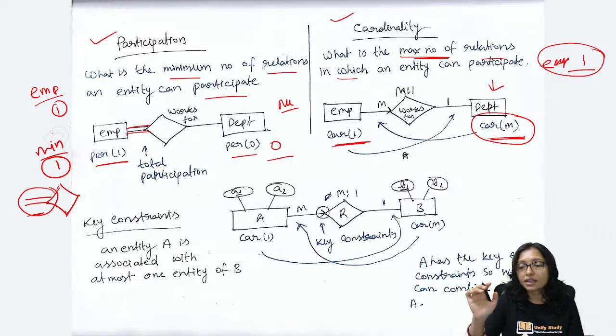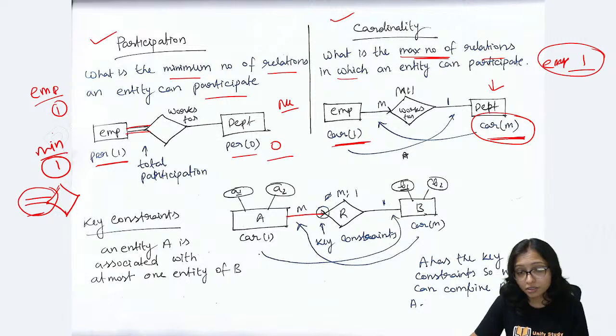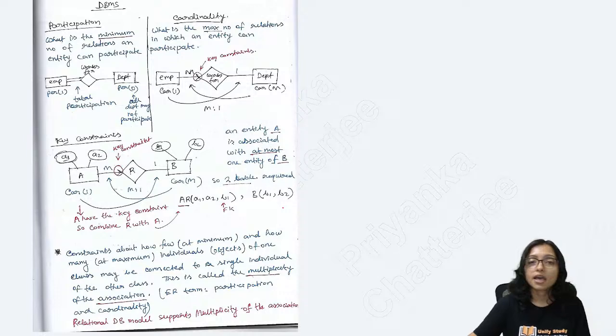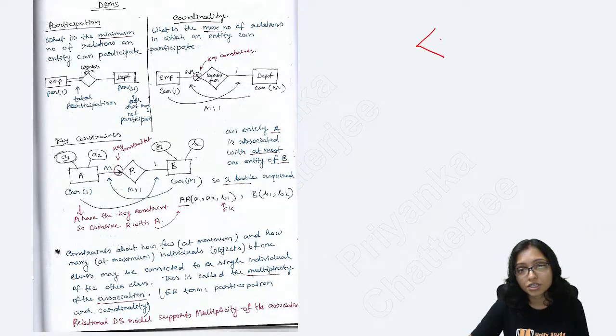And here you can go for the key constraint. You can see the key constraint here. The key constraint meaning is that the cardinality is 1. And whenever you are drawing any relationship, be careful here.